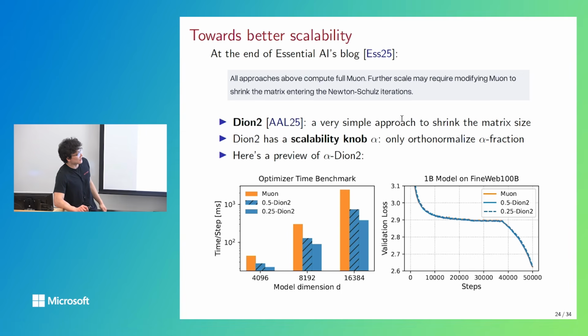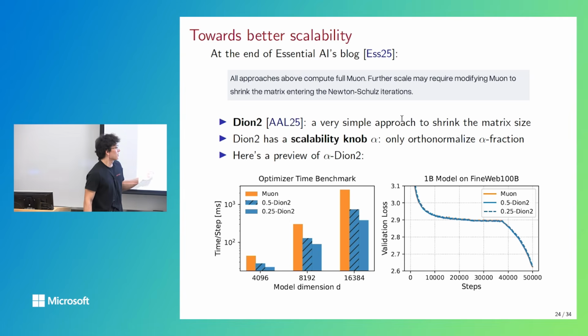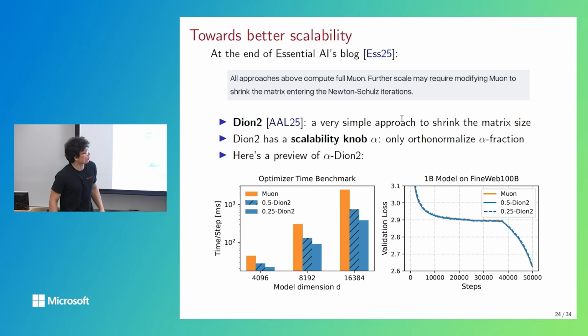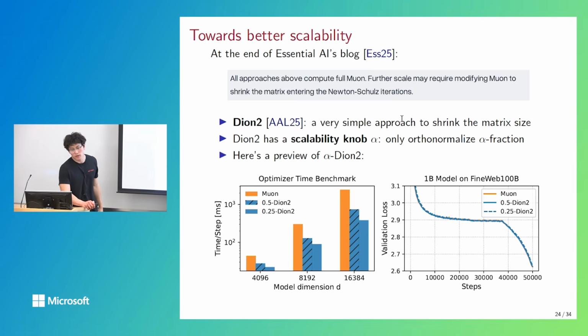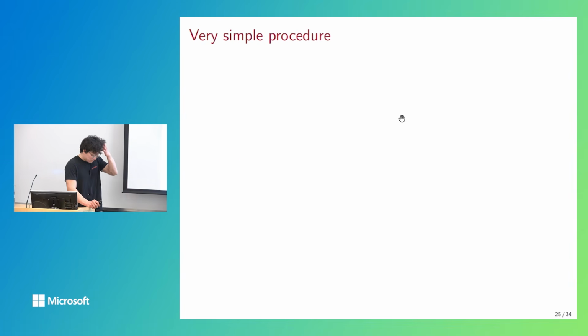And on the right-hand side, I'm showing you the quality of the update comparison, by showing you the training run validation loss across steps. And you see that even when you're orthonormalizing a fraction of it, it's still very competitive with the original mu1. So how is Dion 2 designed?